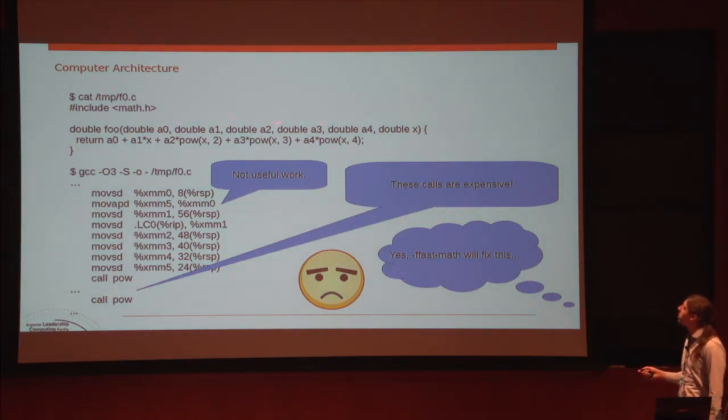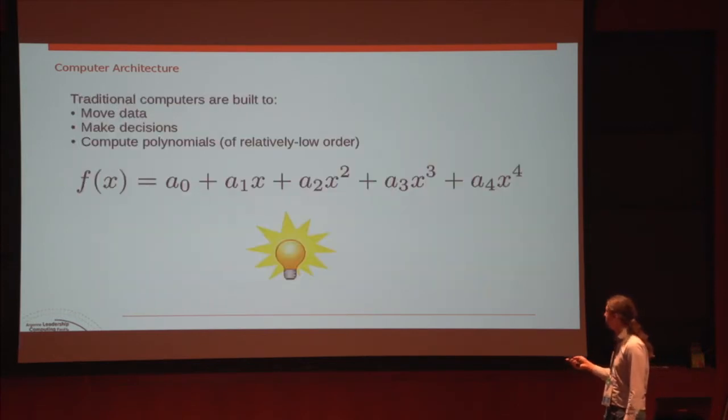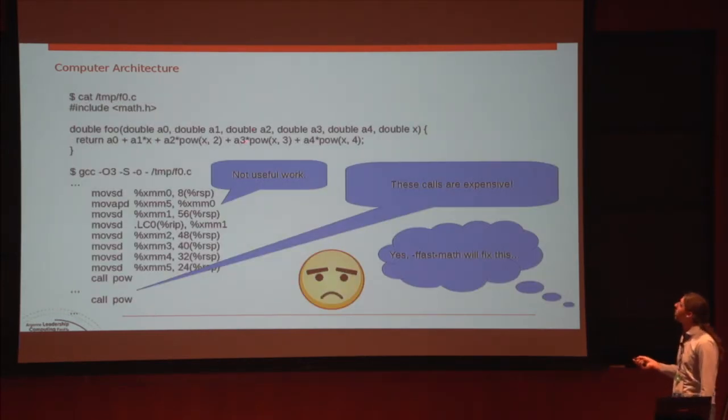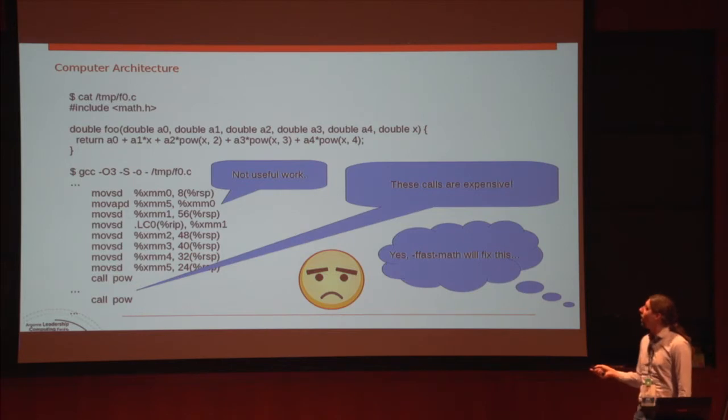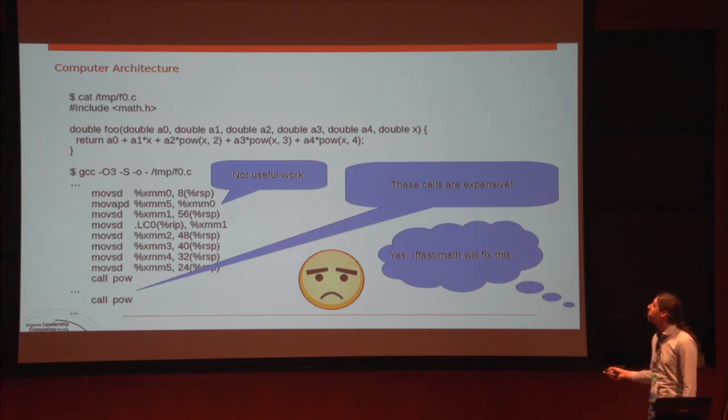The first thing here is my polynomial equation. Here I put it in some code, and then I compiled this code. I want to see whether this is a good high-performance solution to this problem.